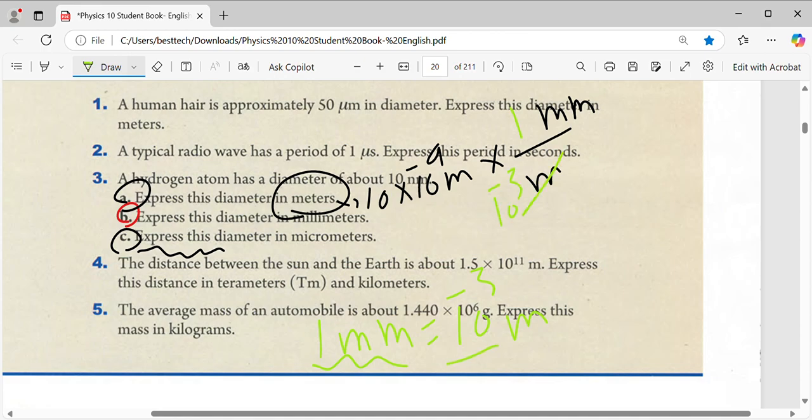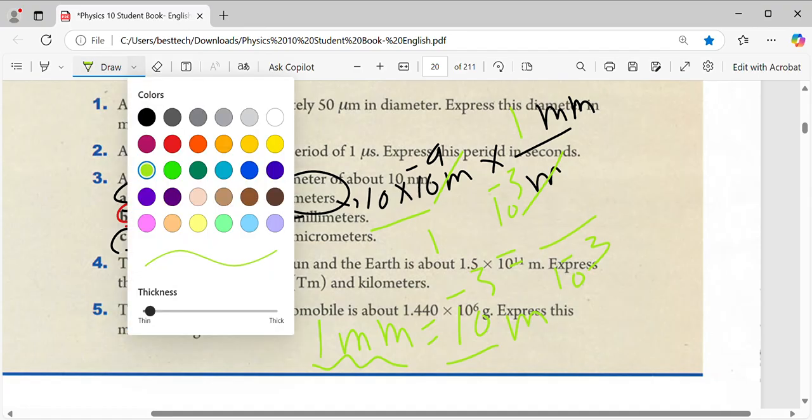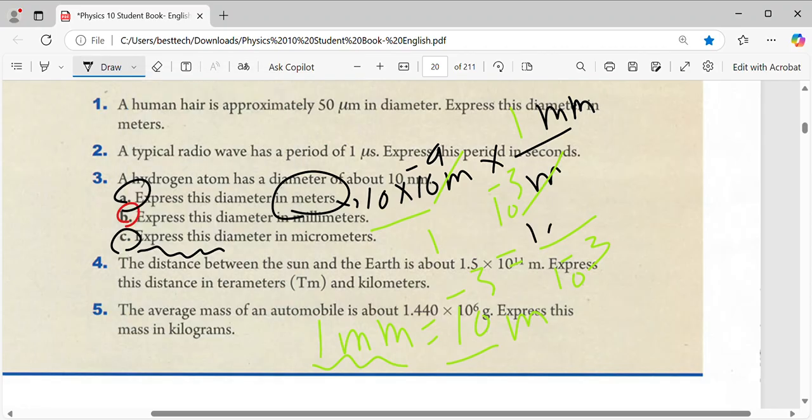The meter will be cancelled. So the answer, down it's 1 times 10 power negative 3, still 10 power negative 3. This number times 1 is still the same number, 10 times 10 power negative 9.